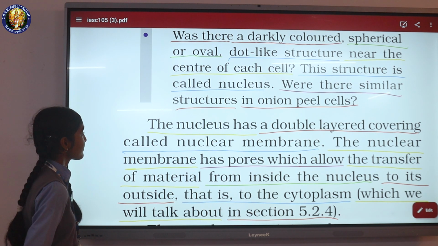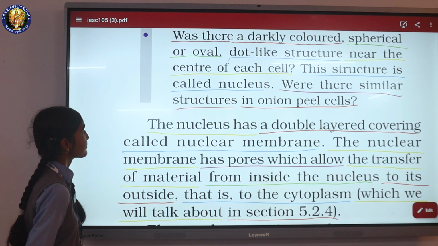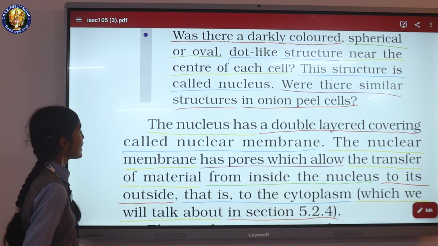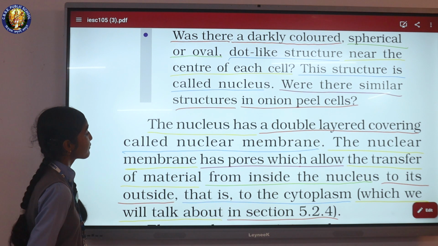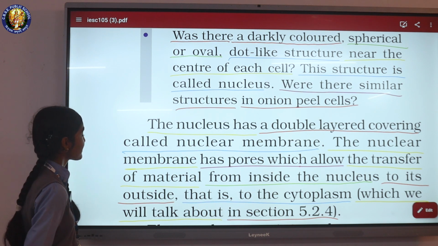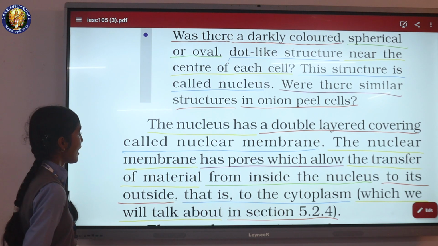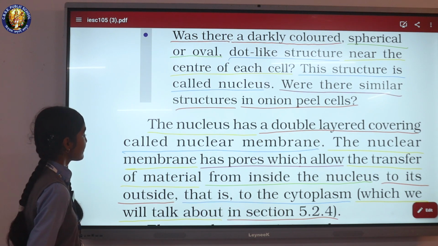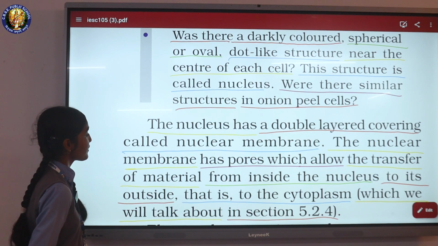The nucleus has a double-layered covering called nuclear membrane. The nuclear membrane has pores which allow the transfer of material from inside the nucleus to its outside, that is, to the cytoplasm, which we will talk about in section 5.2.4.